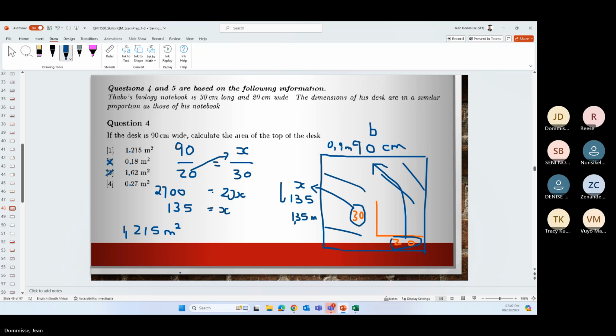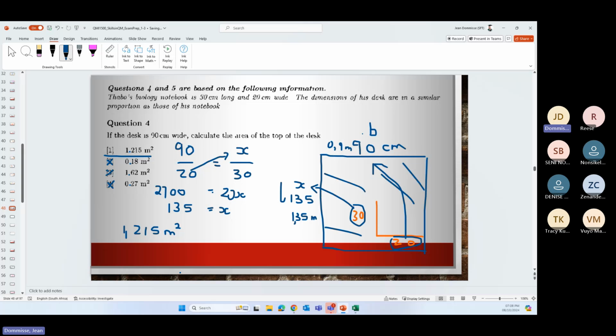0,27. I also don't have a clue how they got to that. If you maybe set 0.9 times this, maybe you got to that one. Okay, but the final answer is 1,35 meters times 0,9 because for area, it is length times breadth.